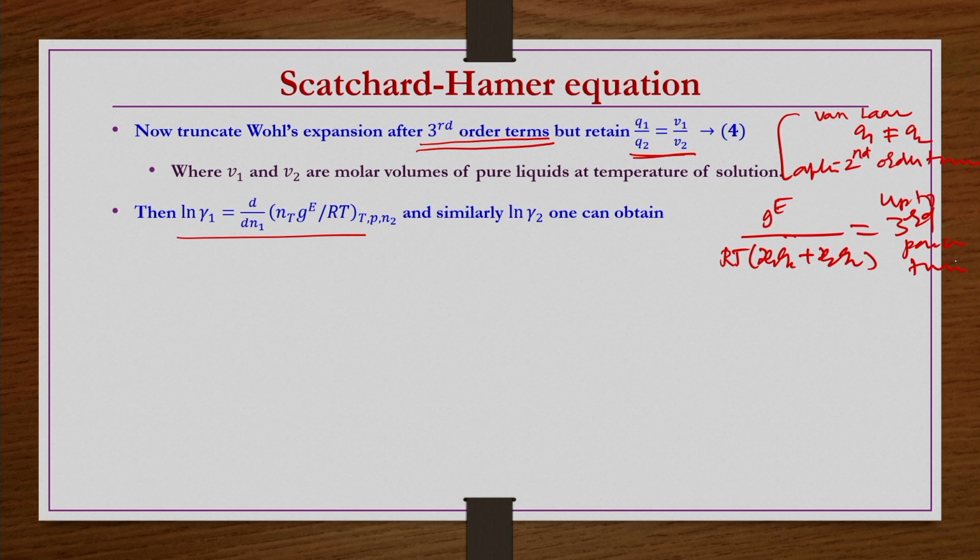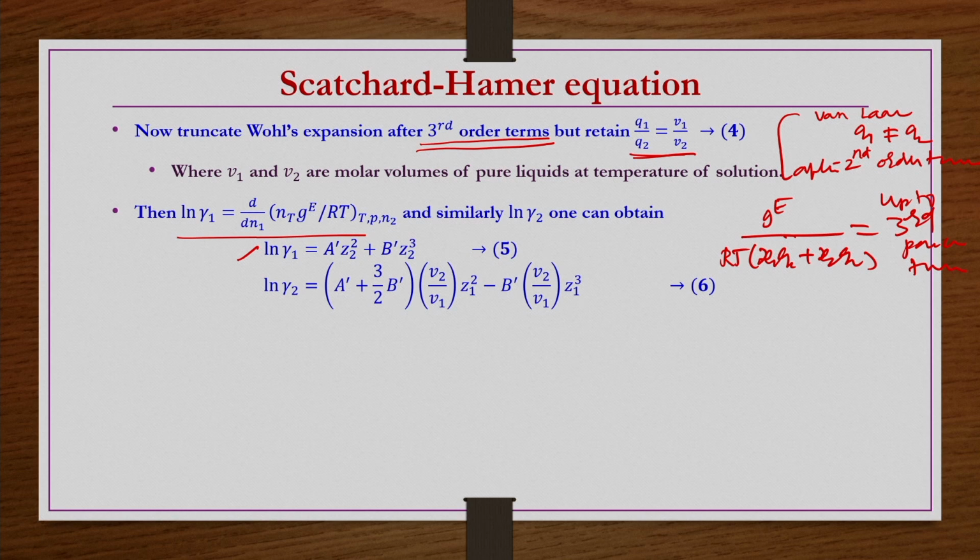If you include those terms and simplify, you get GE, and then you differentiate GE with respect to N1 and equate it to RT ln gamma 1, then you will get ln gamma 1 as this. Similarly, you get ln gamma 2 as this.